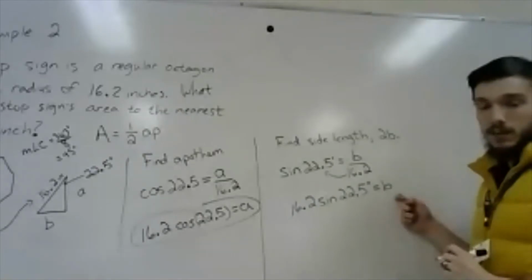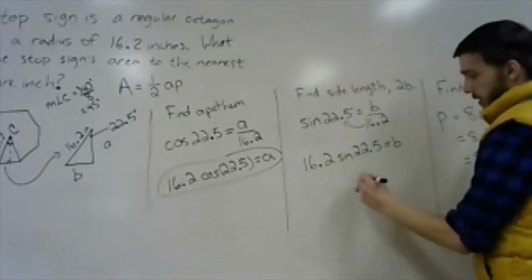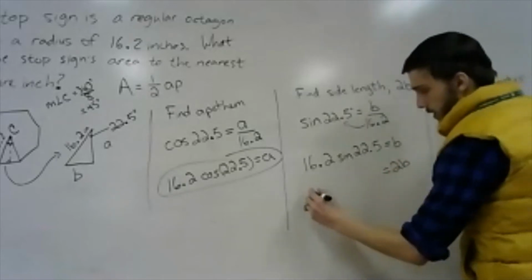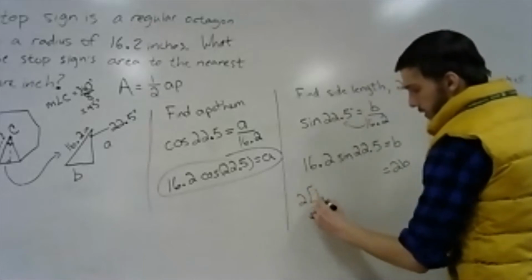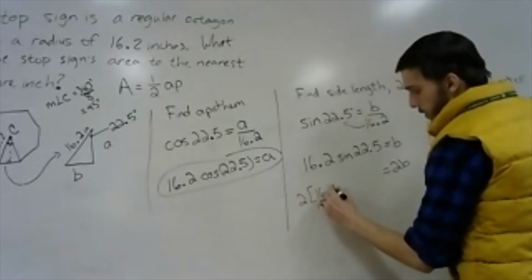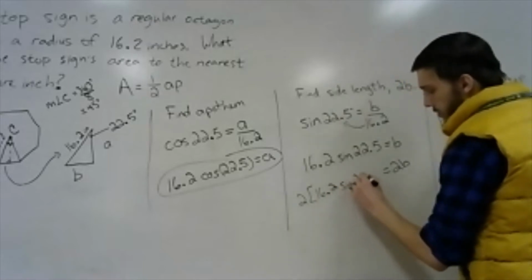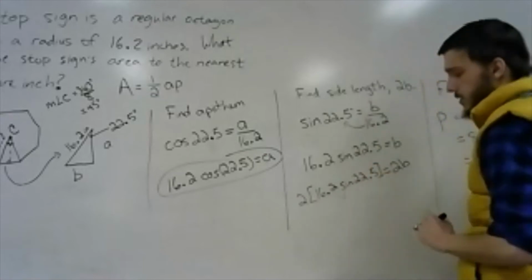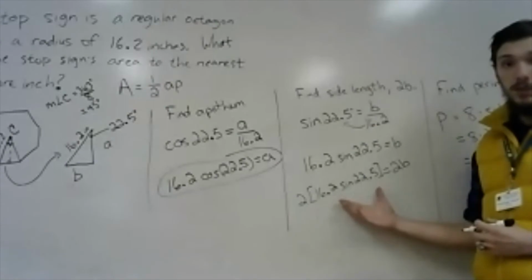And that's B. So 2B is going to be 2 times 16.2 times the sine of 22.5 degrees, and this represents the length of one of our sides.